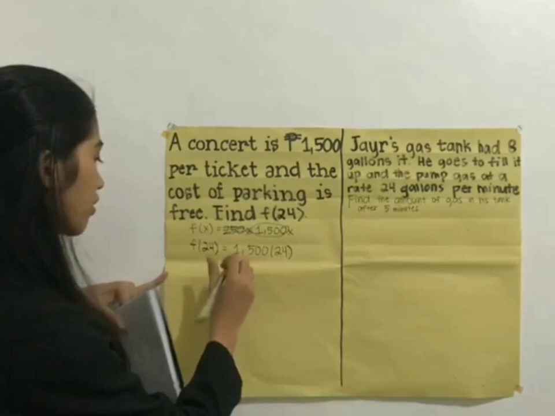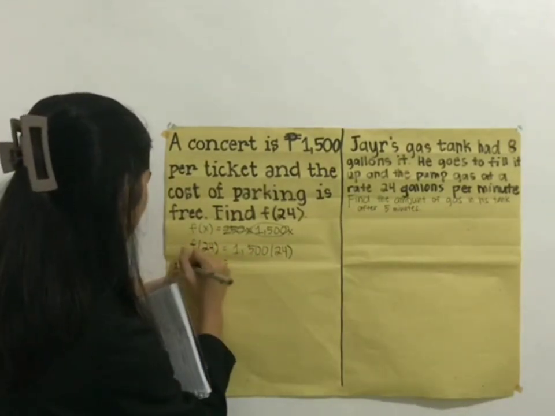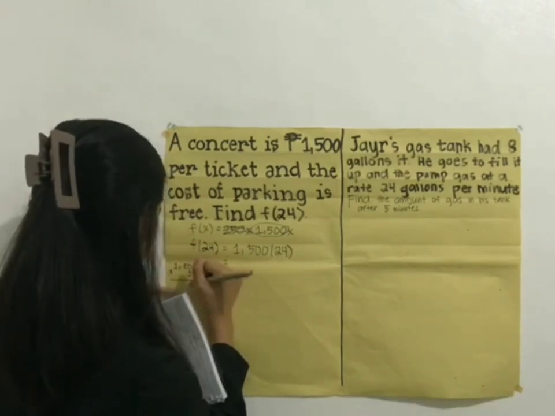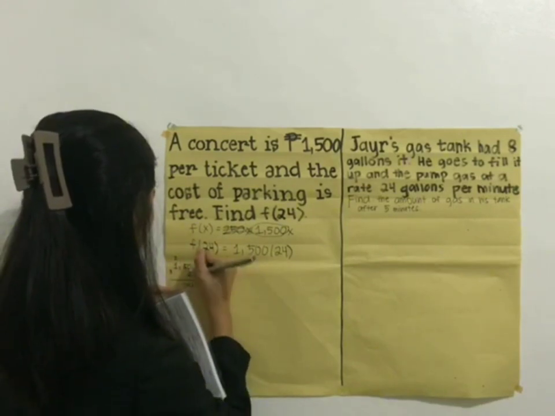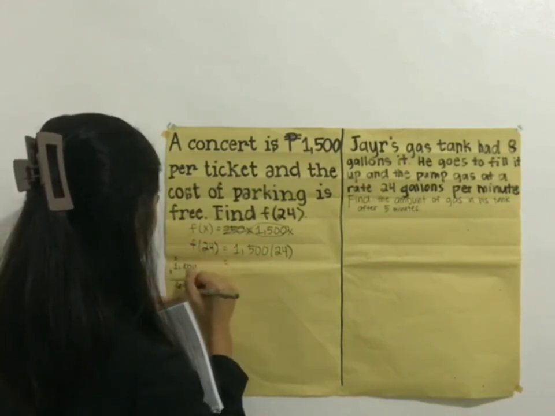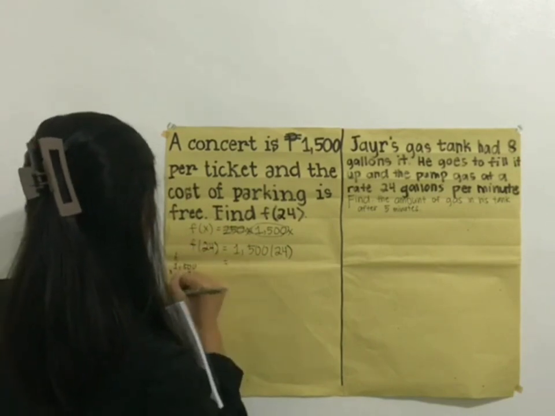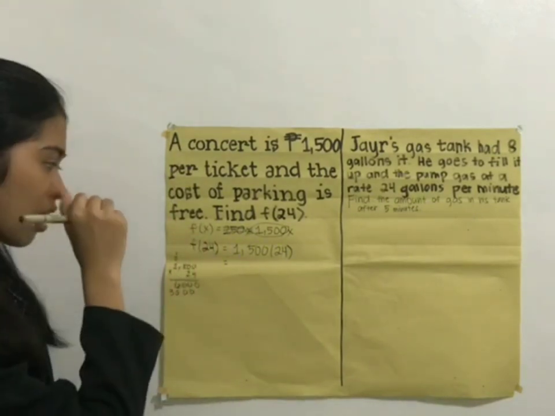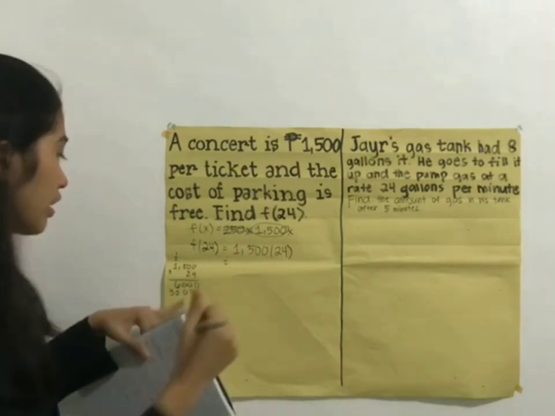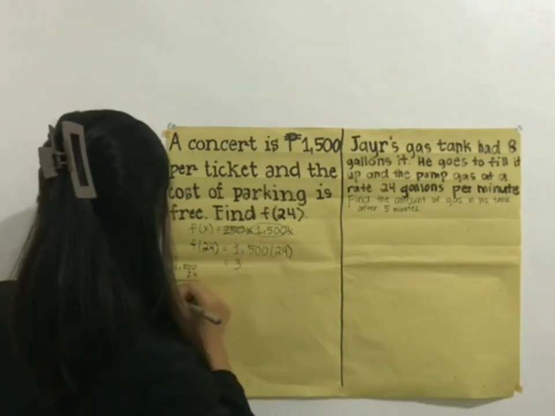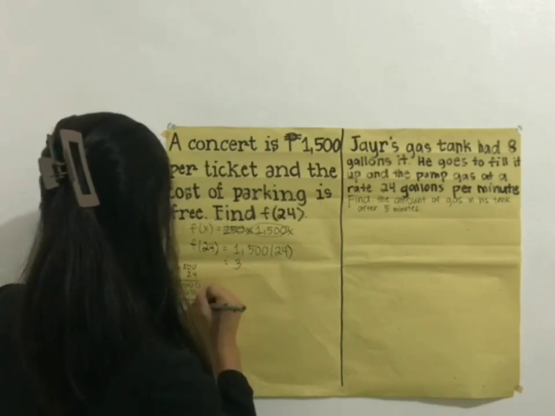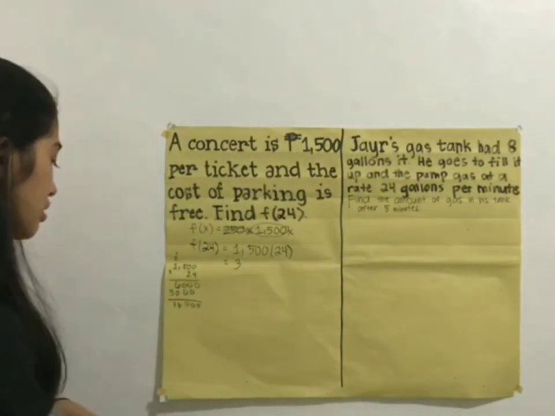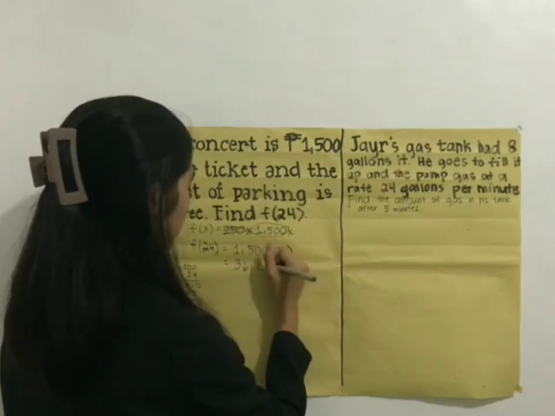So the product of 1,500 times 24 is 36,000.